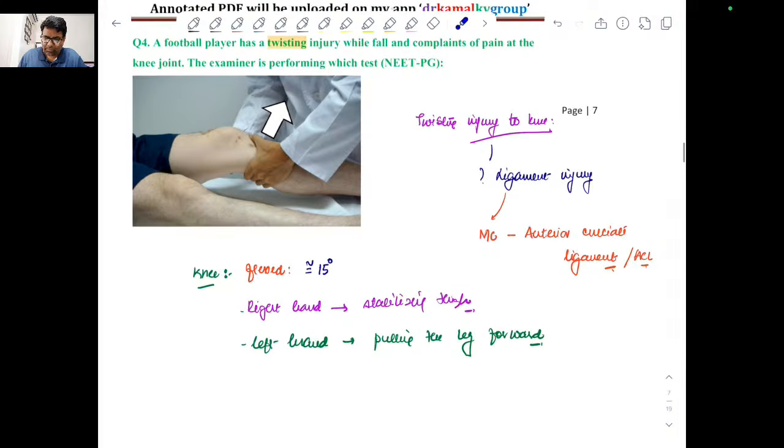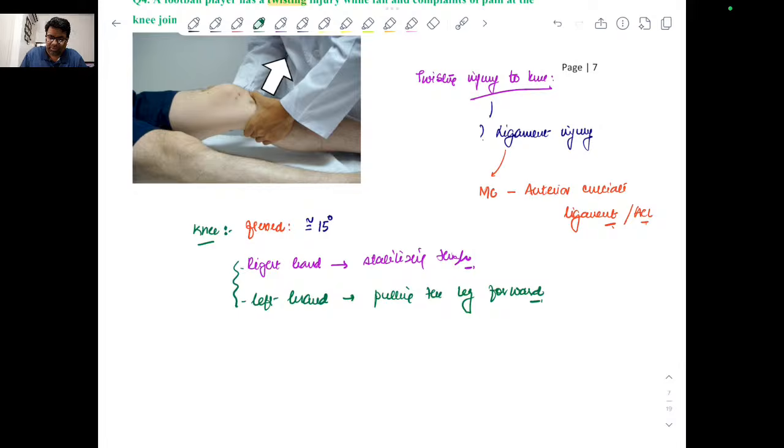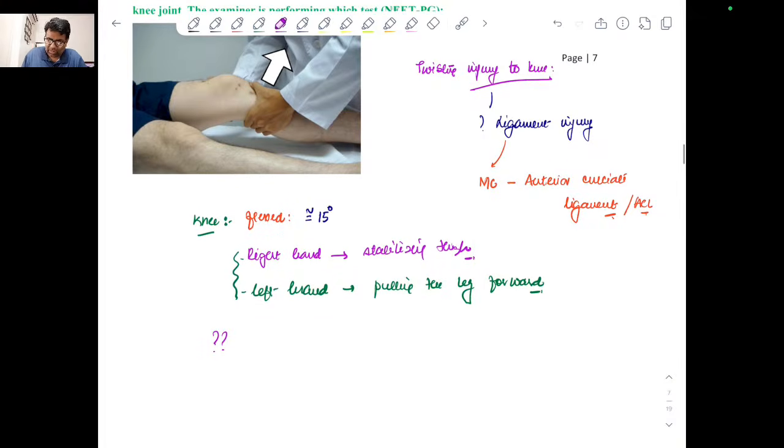Now, so what actually the examiner is trying to do? He is trying to check whether the leg can be pulled forward, or instead of forward, I can write the word anterior.